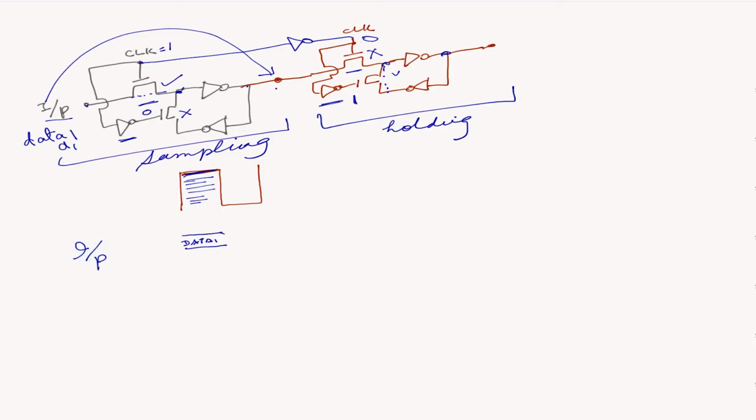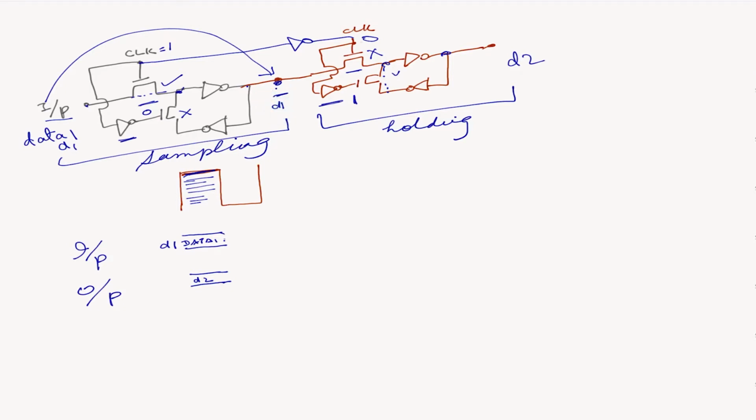Output, let's say it already had a value, which we'll call data 2, and let's draw the output here. So with clock 1, output stays at D2, input stays at D1, and this node over here is written with D1.